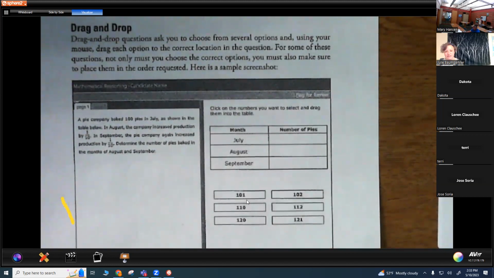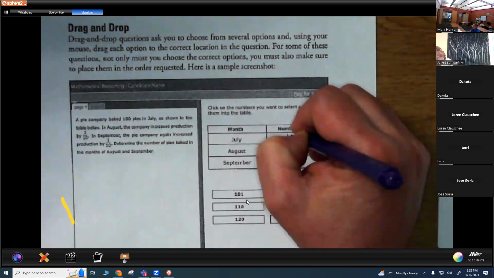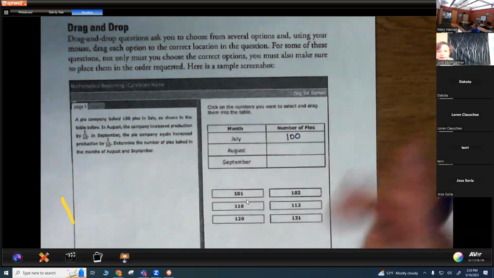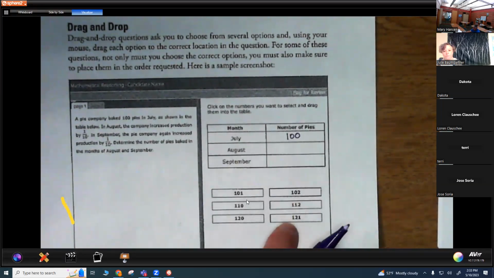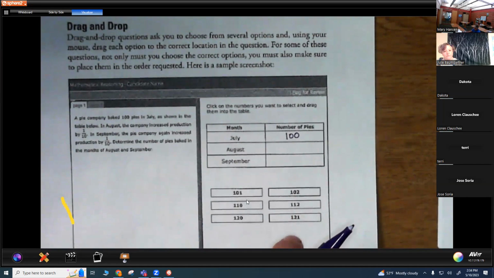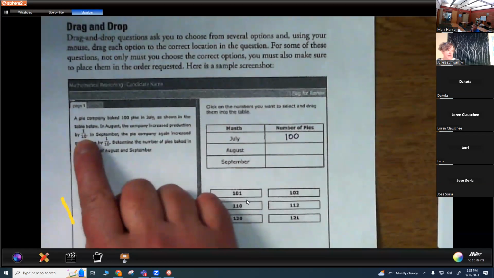This is really funny, but I guess we're supposed to say 100 here. So if we're going to increase 100 by 1/10... So 1/10 is like 10%.